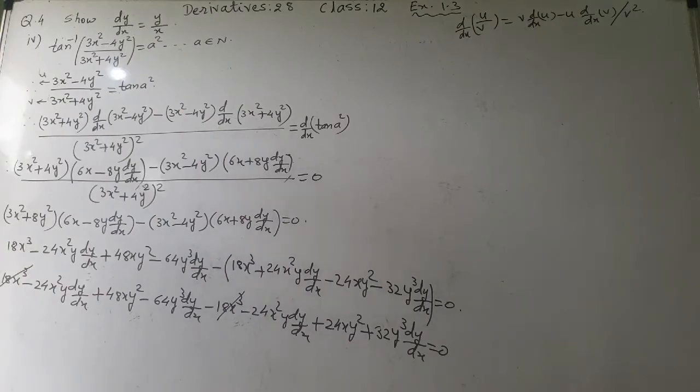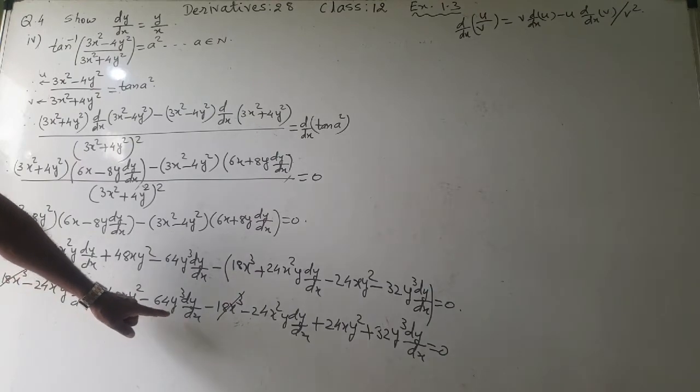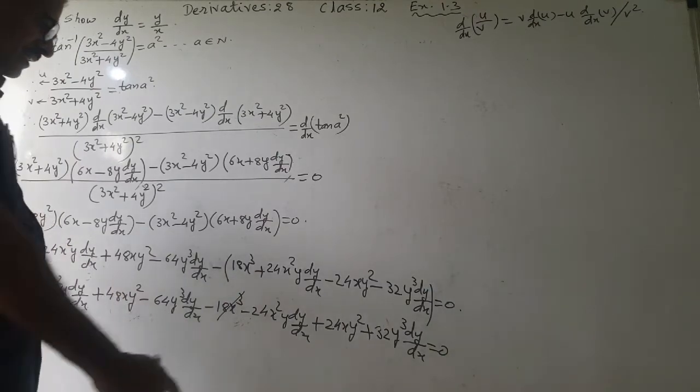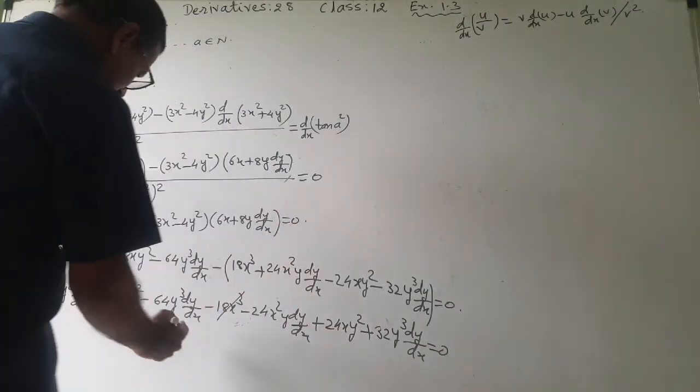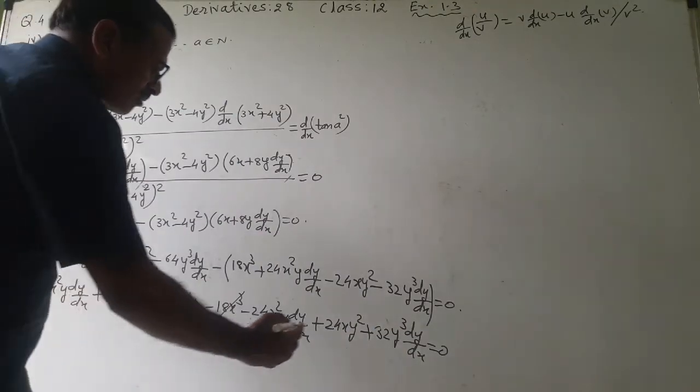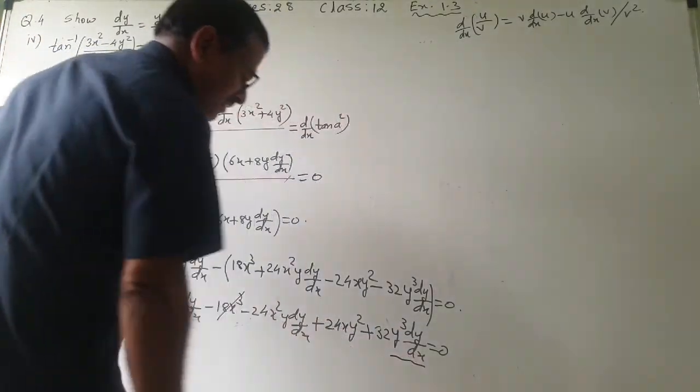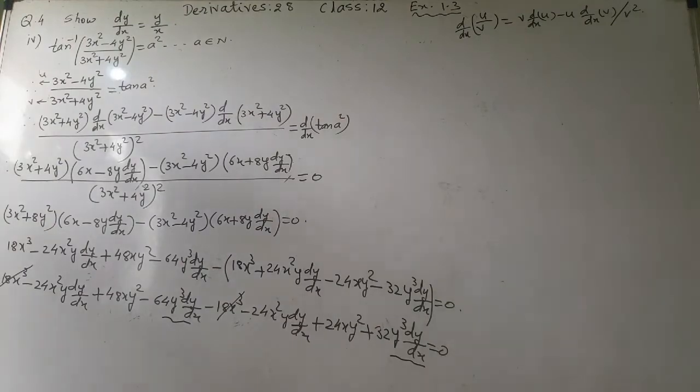So whatever can be cancelled has got cancelled. So this is 64 y cube dy by dx. This is 32 y cube dy by dx. For this, what will be the answer that I will be searching? So that will naturally be minus 32 y cube dy by dx.